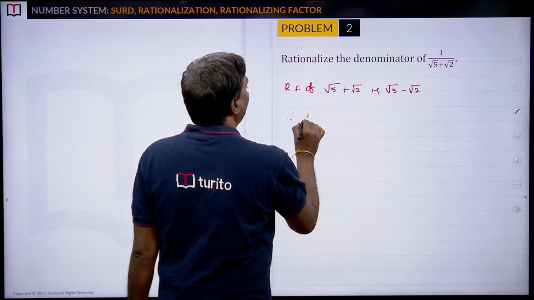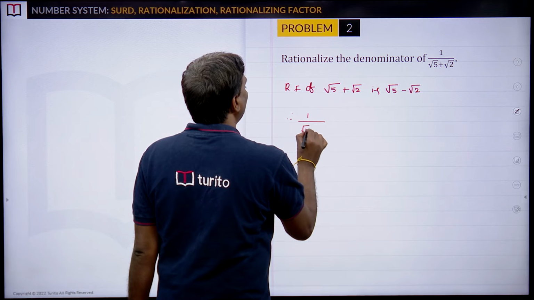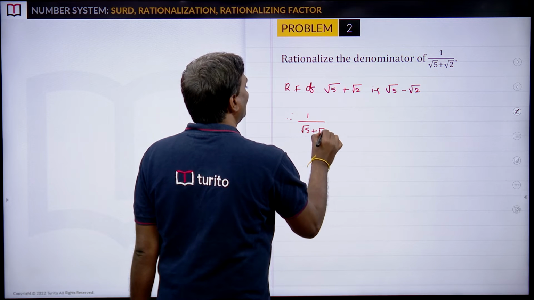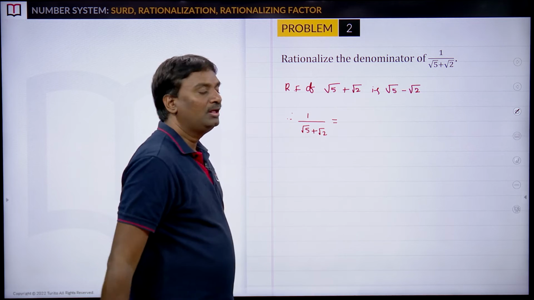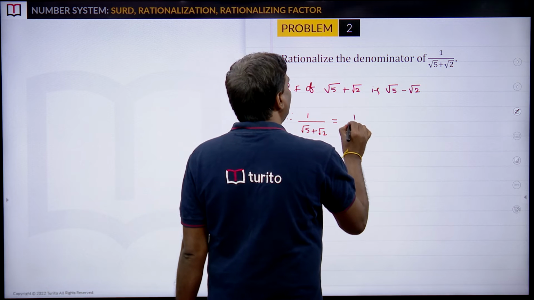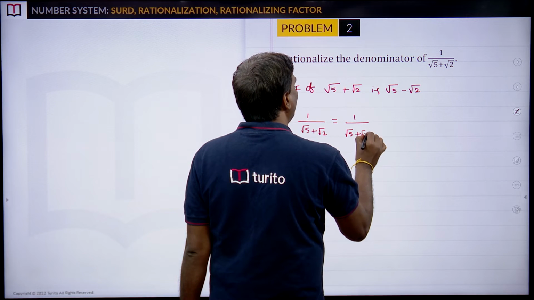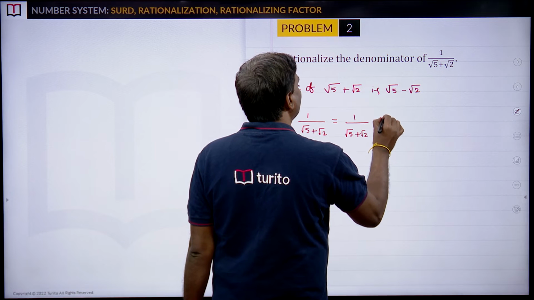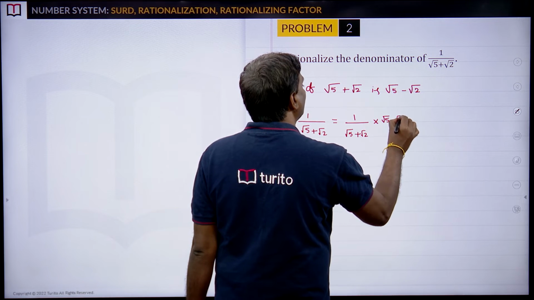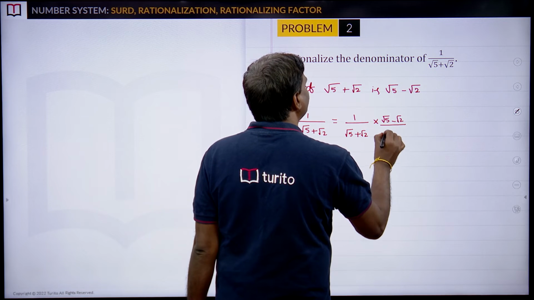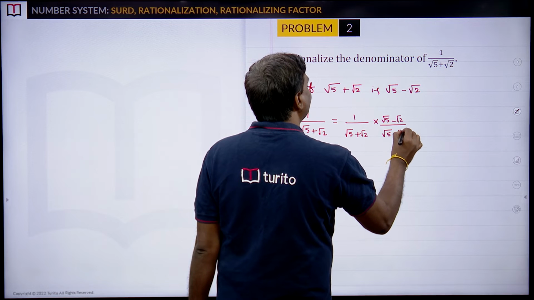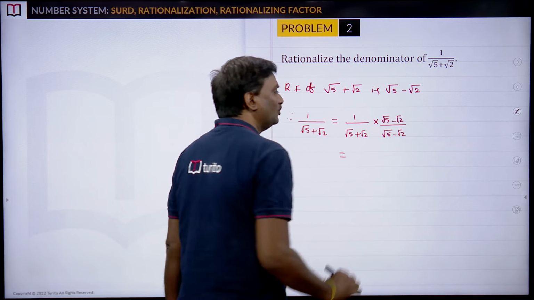Therefore, 1 by root 5 plus root 2 equals 1 by root 5 plus root 2 into root 5 minus root 2 by root 5 minus root 2.